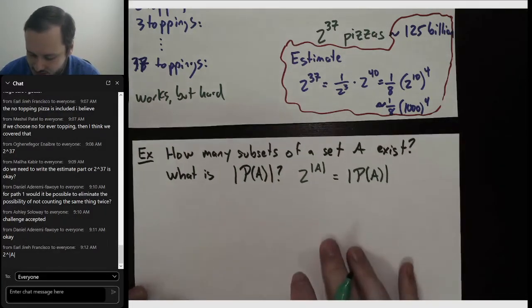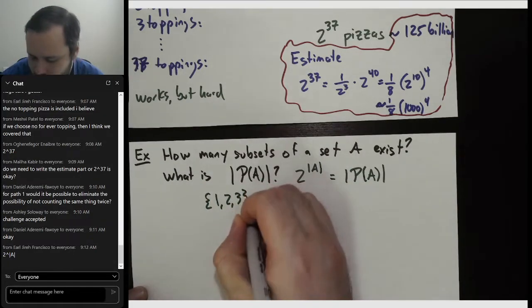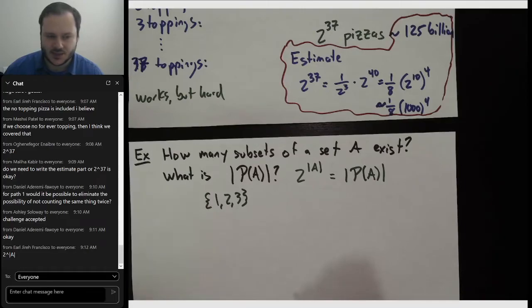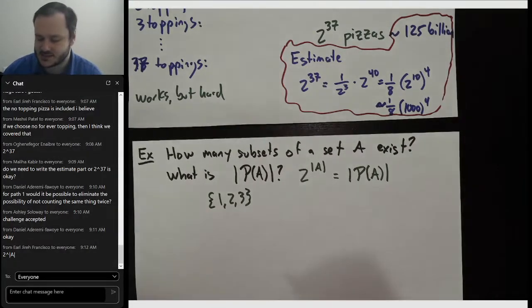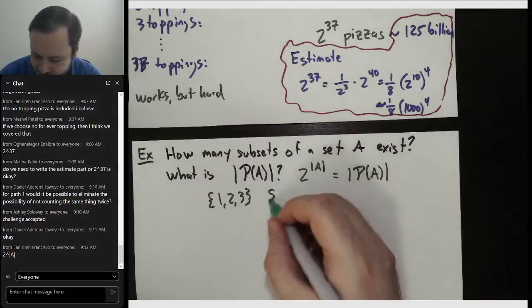So at one point we looked at the set 1, 2, 3, and we looked at the subsets. We now know that there will be 2 cubed, 8 different subsets.